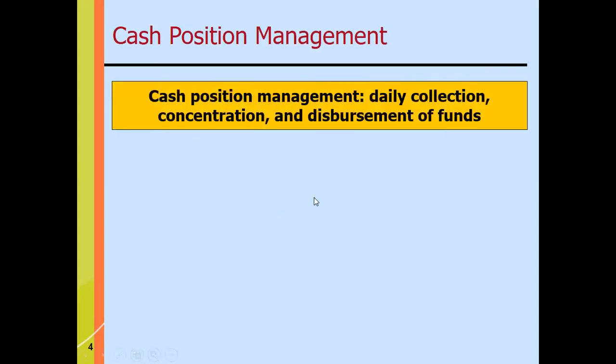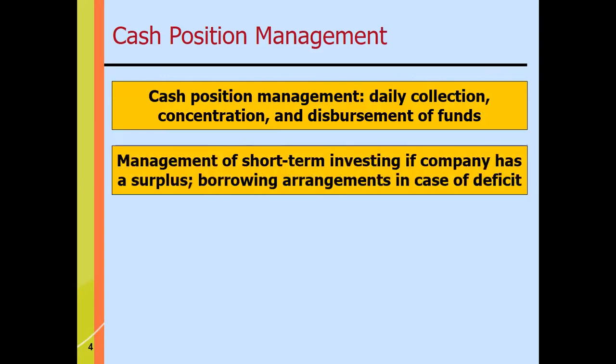Next would be the cash position management, which would focus again on the daily collection, concentration, and disbursement of funds. This would also involve, if ever there is a surplus, meaning there is excess cash, going into short-term investing in the sense that we want the money to be available in the short term.